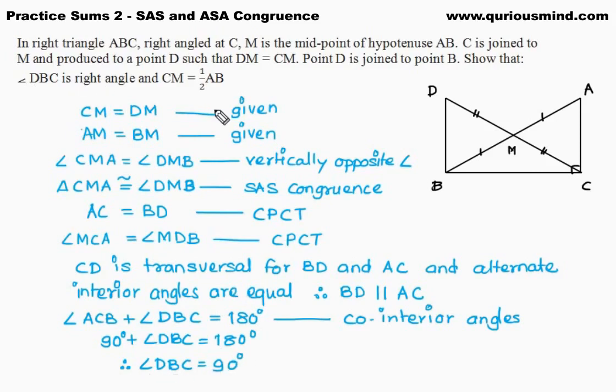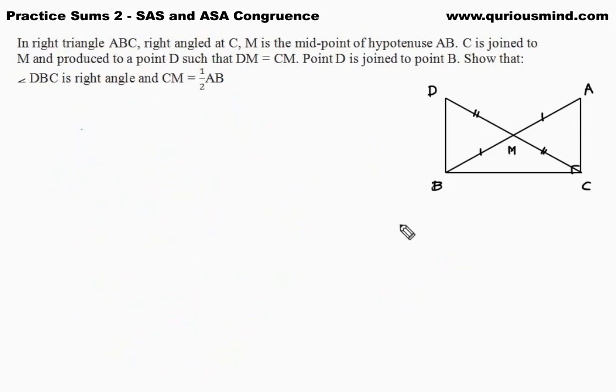Now we want to go to next to prove CM is equal to half of AB. So I will be erasing whatever I've written now, but what is important for us to know is these two things: AC is equal to BD and angle DBC is 90 degrees. So these two things we will carry forward. This is what we have proved from earlier one.